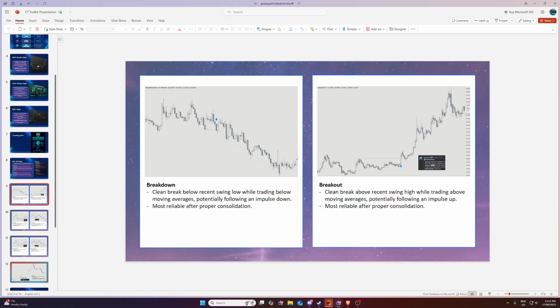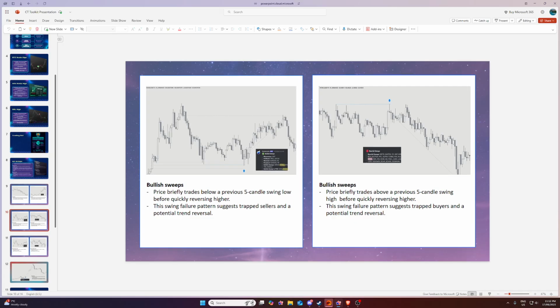So on top of a break of market structure, it also checks the EMAs for additional confluence. And just to note that it's also most reliable after proper consolidation. So if your trading style is to trade momentum and breakouts, this can be quite useful as a way of identifying strength in the market.